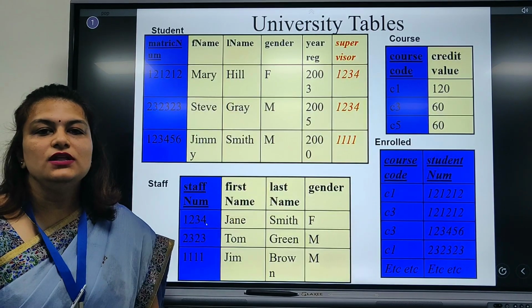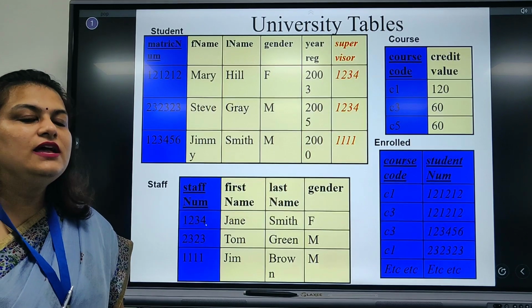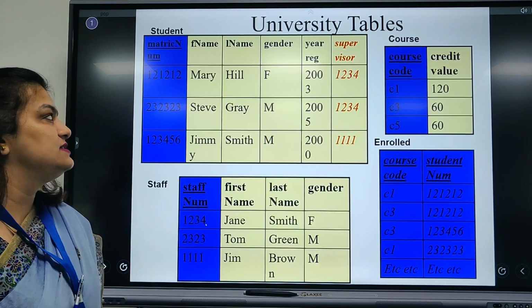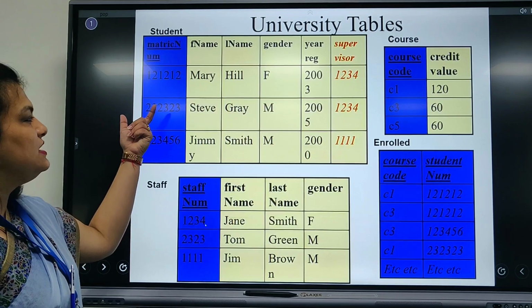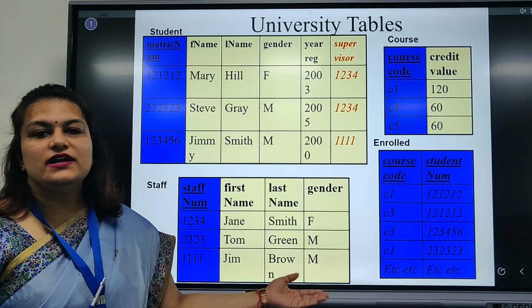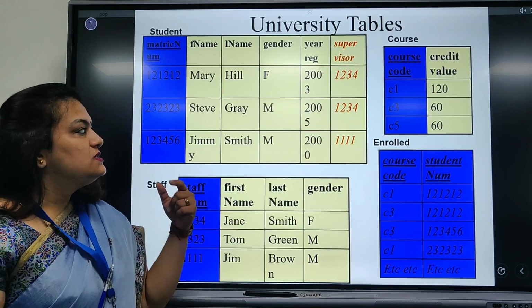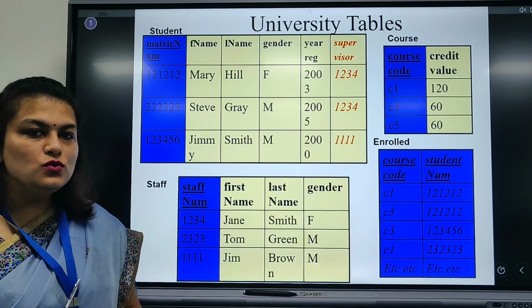This is an example of the tables which were made and which are still made when we use the relational database. For example, there is a table with the name student, a table with the name staff, with the name course, and with the name enrolled. So these are the tuples and these are the columns which are being used.